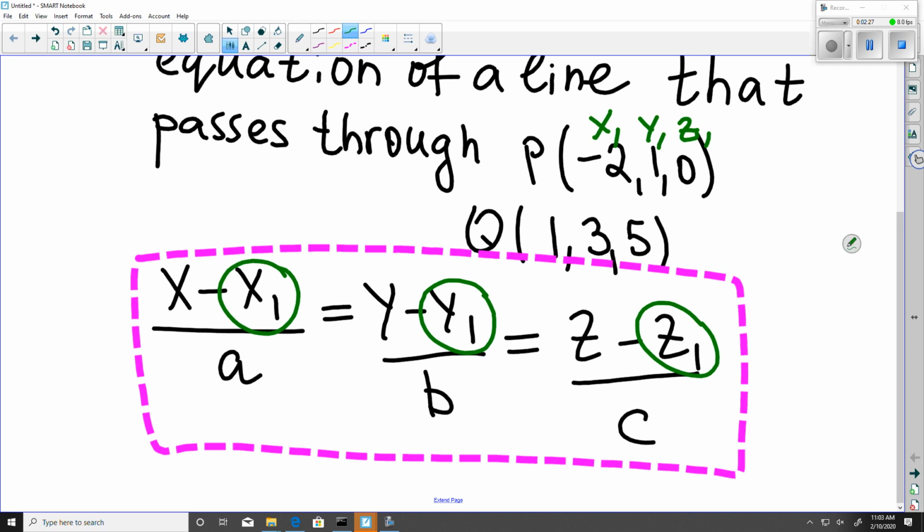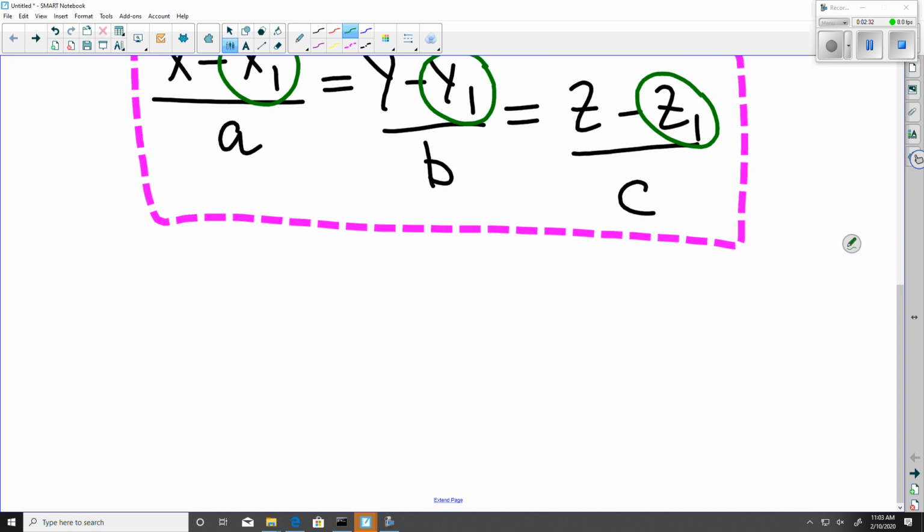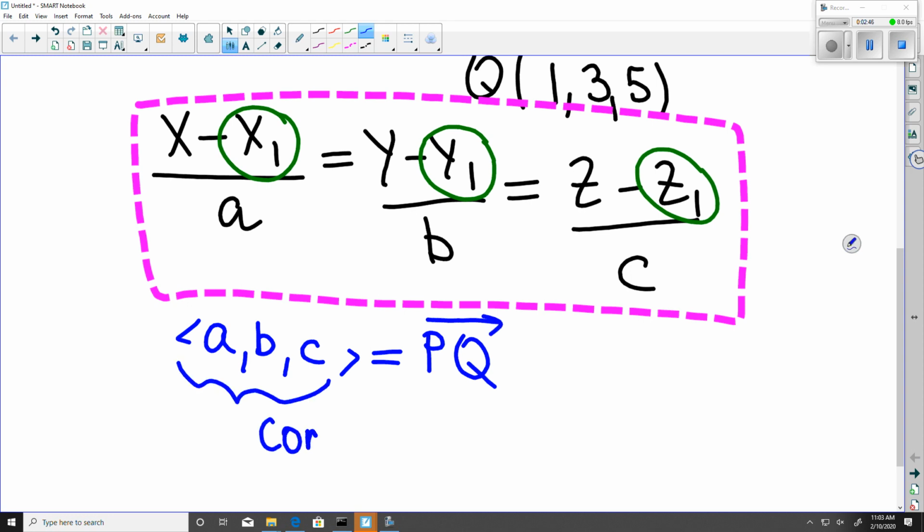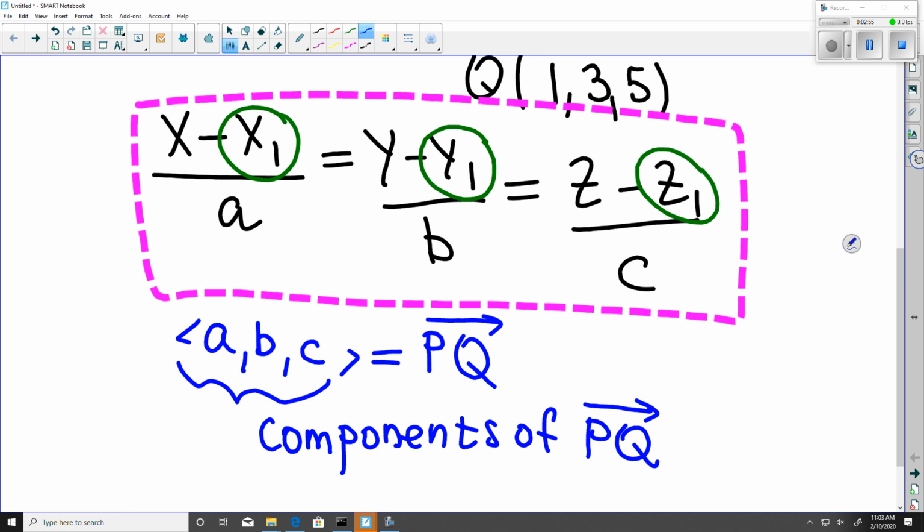And A, B, and C will be components of vector PQ. So what we have to do, we have to find PQ. There's three numbers, which will be A, B, and C. And x1, y1, z1 already given to us as any point which belongs to this line. Let's do P, for example.